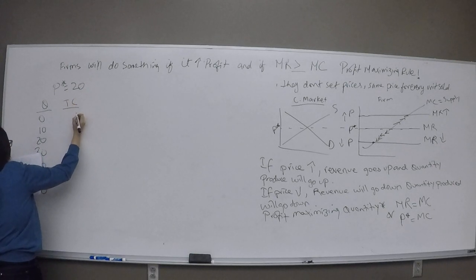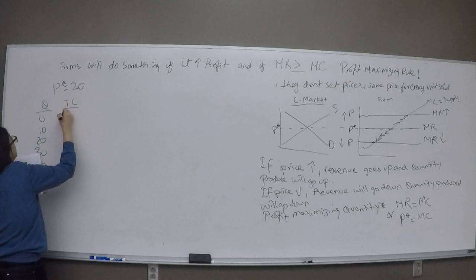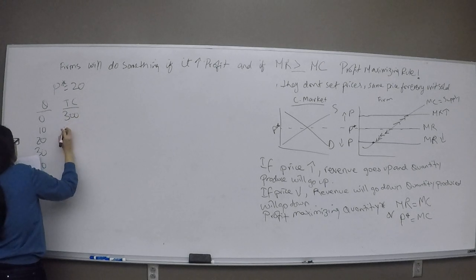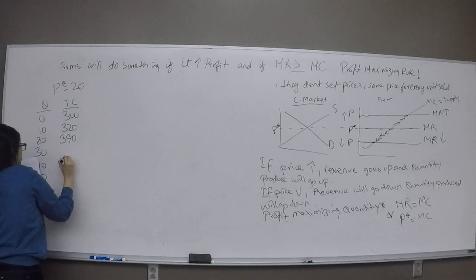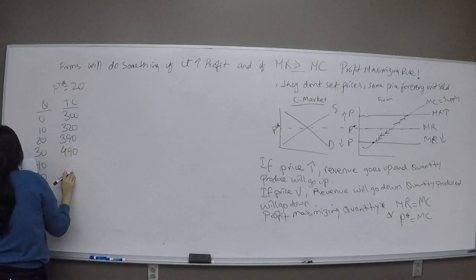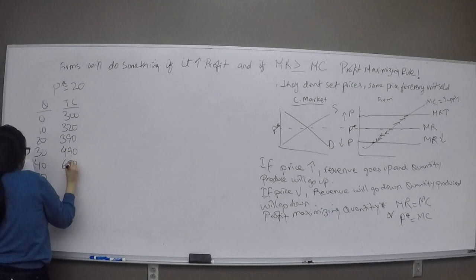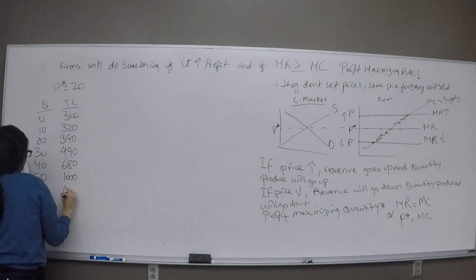Total cost is equal to 300 for 0 quantity, 320, 390, 490, 680, 1,000, 1,500.